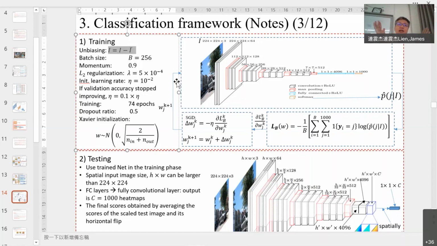And you have 1,000 training data. So for each pixel, they do the average over 1,000 images, and you get the average pixel value.